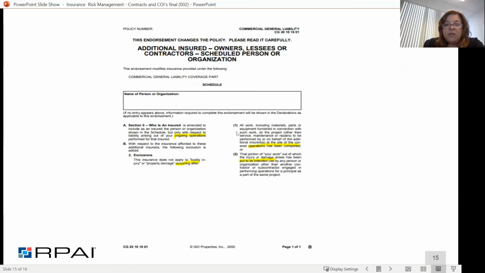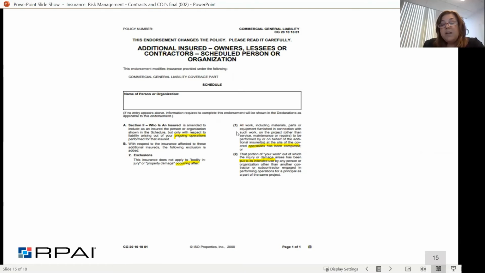Now, if you look at this form, this is the CG 20 10, but it's dated 10/01, so it's October of 2001. And this form is much more limiting. If you look at the highlighted sections, they're saying that you're named as an additional insured, but that additional insured is only arising out of your ongoing operations.